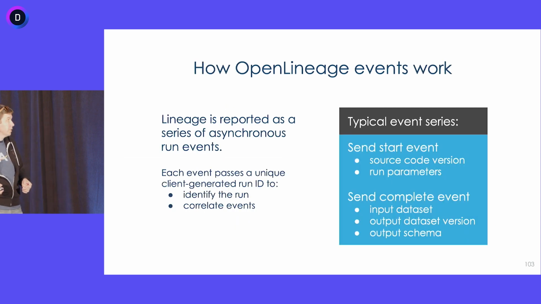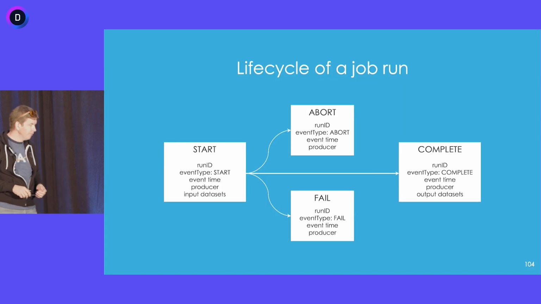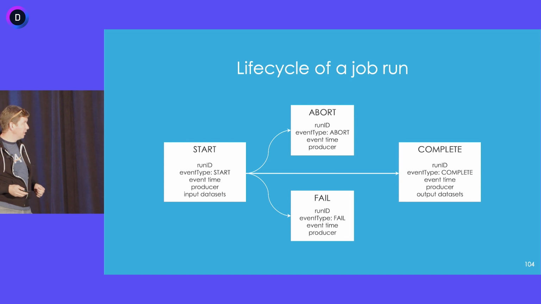And so the way this works is when the job starts, we send a start event with metadata related to it. When it finishes, we send an end event, so it's all very asynchronous. Makes it easy to consume that metadata from different consumers and keep track of things. So typically, you have a life cycle of a job run.